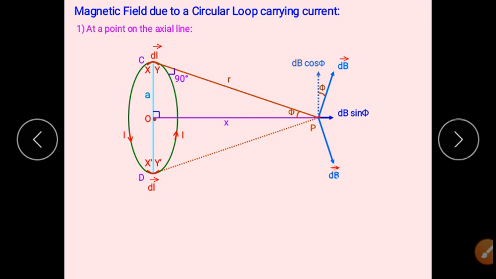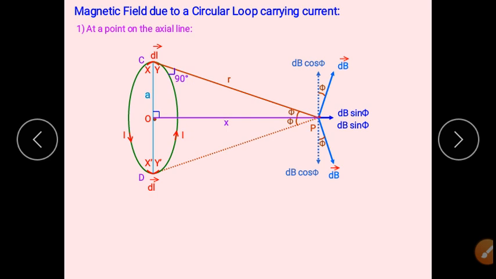Again, we can consider the angle that dB makes with the negative y-axis as phi, and then resolve dB into two components. Let us write like this. The component near the angle phi is dB cos phi, and the other component is dB sin phi. Now, we are going to find the magnetic field due to each small current element, and we will add all these magnetic fields to get the total magnetic field.